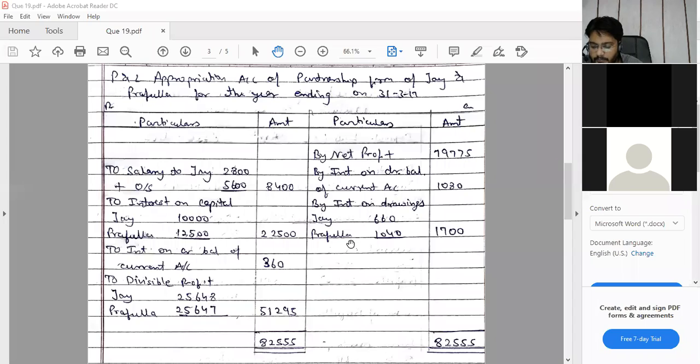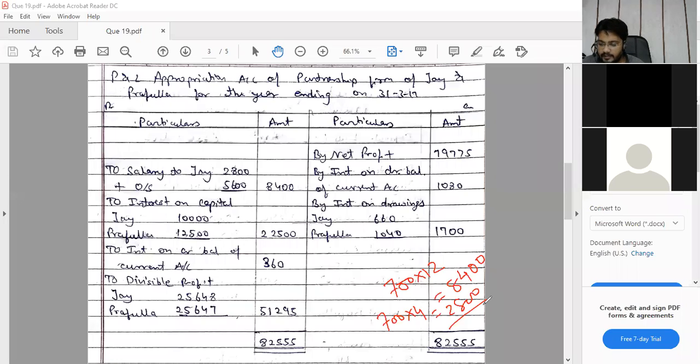Now third adjustment, monthly salary of 700 is payable to J. Right? As it is given that it's a monthly salary, monthly 700 for the whole year would be how much? 8,400. Then he has withdrawn salary of 4 months, which is included in salary. So 4 months salary means total 2,800.